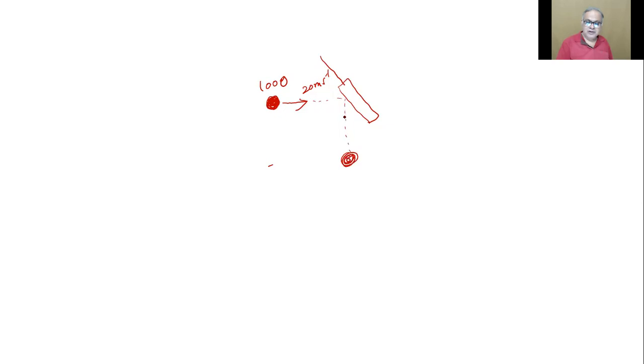The speed is just not changing, right? And the ball was in touch with the bat for 0.2 seconds, for example.